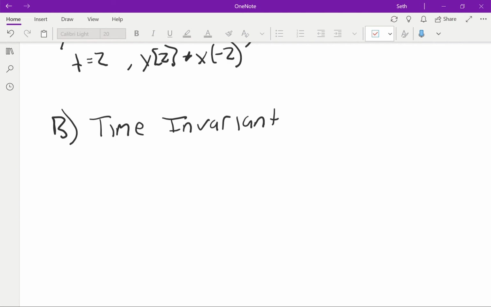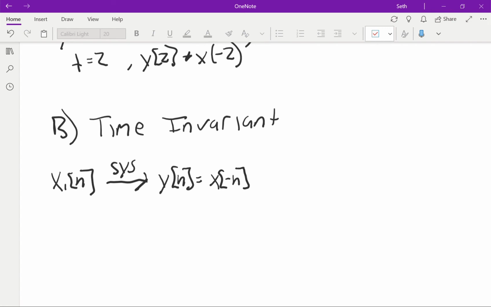So practically, we'll take an input x1 and send it into the system, and just by definition the system spits out y of n equals x of minus n plus 3.